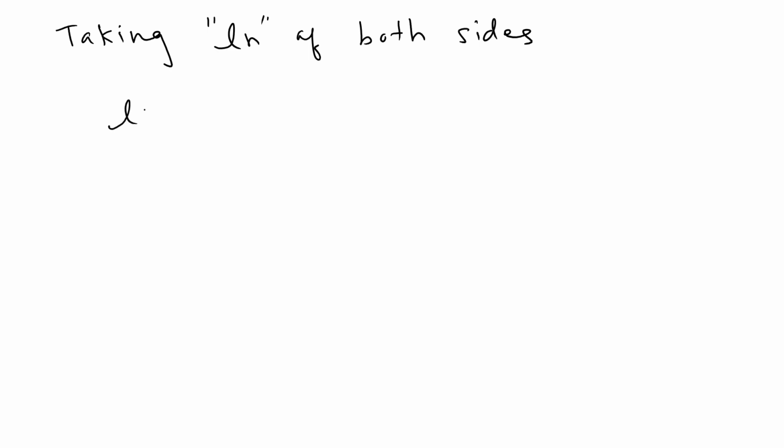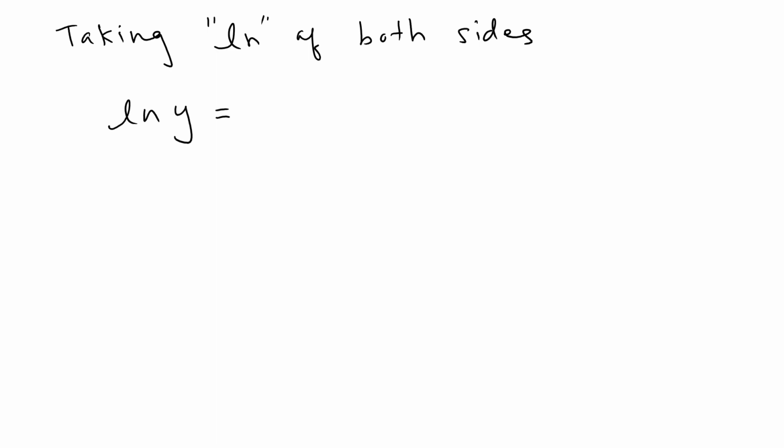So now we did the first step, so let's go to the second step. What the second step is saying is taking a natural log of both sides. We normally say taking ln of both sides, so ln means natural log. On the left side, it's going to be ln y.